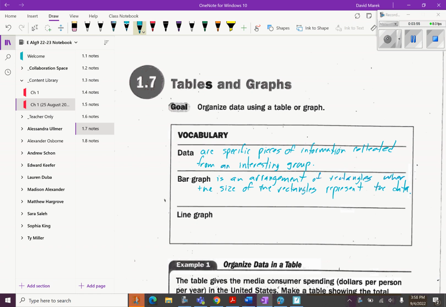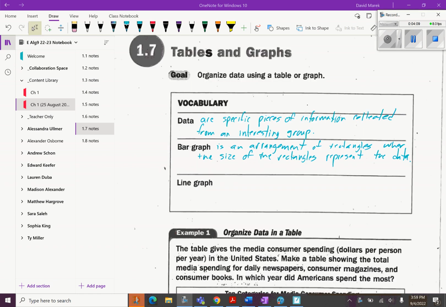Just looking at a table, it's hard to tell trends. It's hard to tell what's exactly going on. You can't summarize it very well just looking at the individual pieces of data. So we're going to draw a couple of different examples of bar graphs.